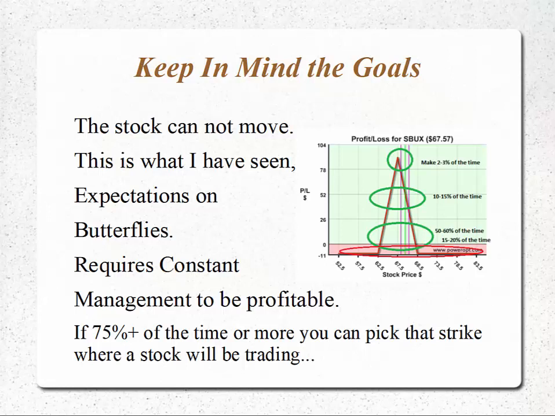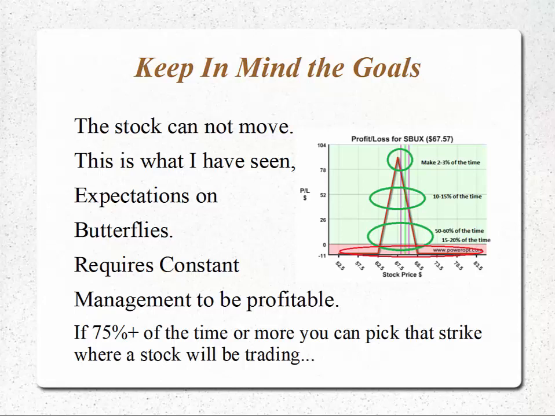If I did 100 trades over a 1-year or 2-year period, opening either just call butterflies, iron butterflies, whatever, 2 to 3% of the time, under 5% of the time, am I naturally going to make that maximum return with a stock trading right at a specific strike price. 10 to 15% of the time, I may be 1% above, 1% below, still in a really good profit range of 50, 55 cents or so, half of what the maximum profit expected.